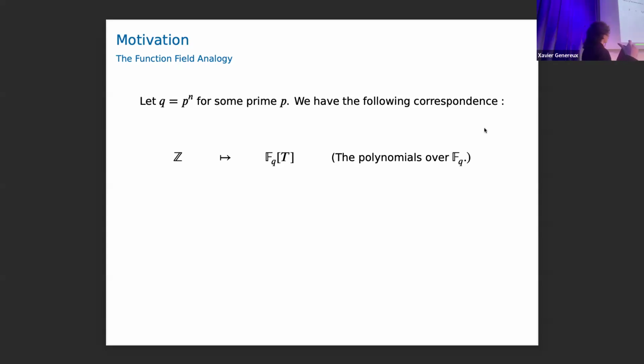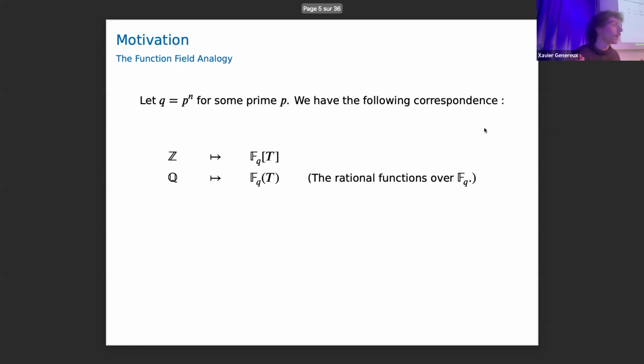You can see a clear analogy between the two. You can continue this analogy with other objects starting from the integers. From the integers you get the field of rationals, and for the function side, that looks like the rational functions, the ratios of polynomials.